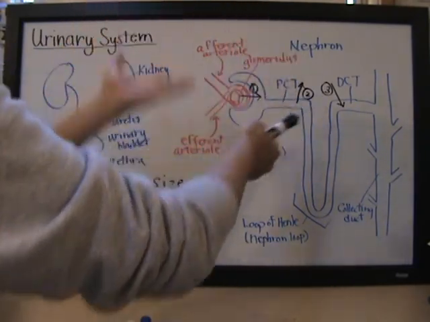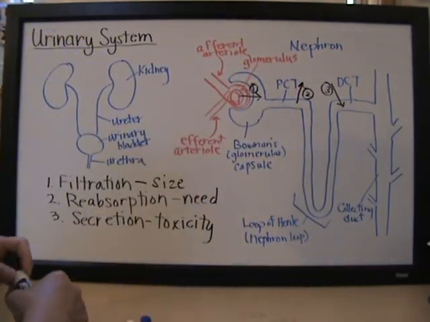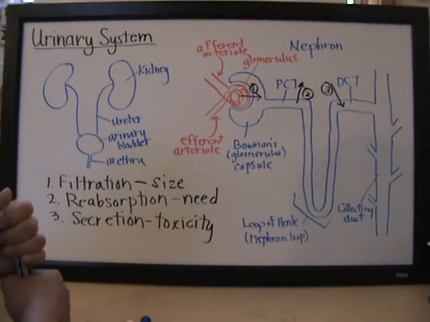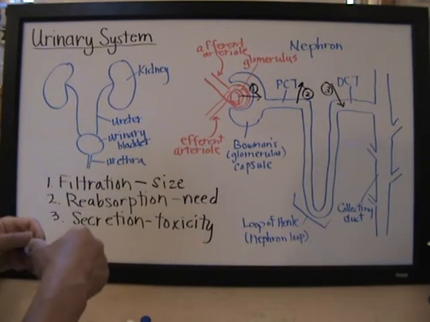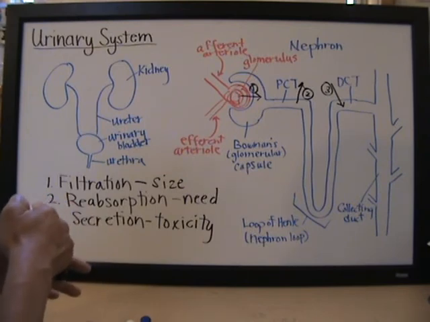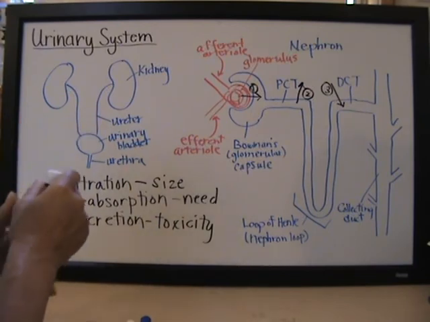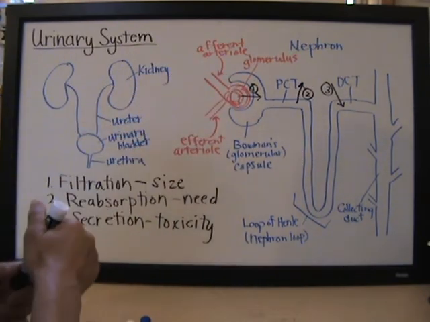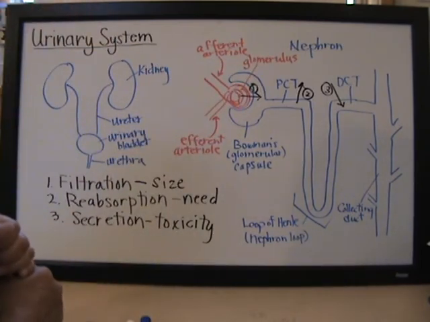And based on need and toxicity, we take things back in our body, we get rid of things. The main metabolic waste that we are trying to rid ourselves of would be urea. We make urea as a byproduct of the breakdown of amino acids and proteins. So urea is a small molecule that we're trying to get rid of. And then other substances are going to come along with that. All right, I hope that was helpful in getting an overview of the urinary system.